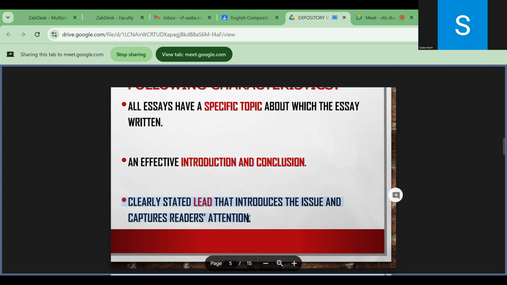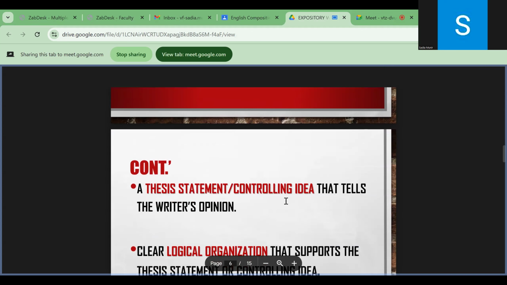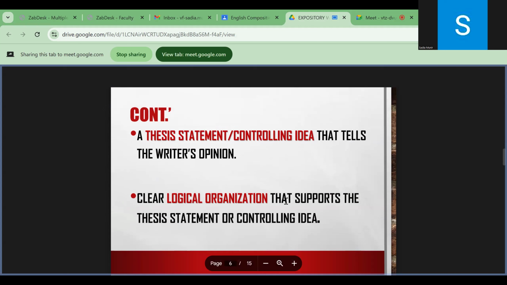So, an expository writing or essay clearly goes to a point where the introduction has captured the attention of the audience, and that is leading towards the conclusion as well. Thesis statement, I've already told you what it is.